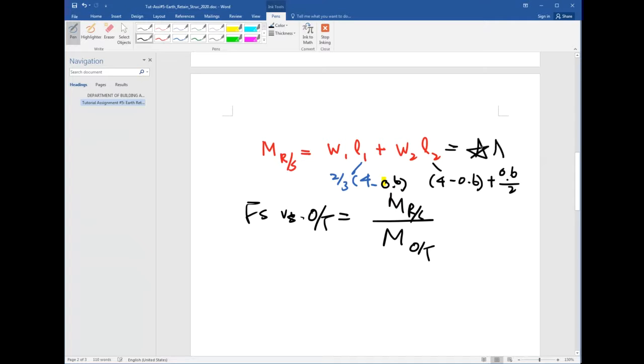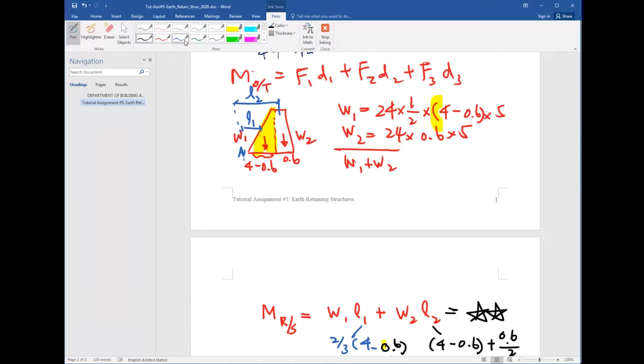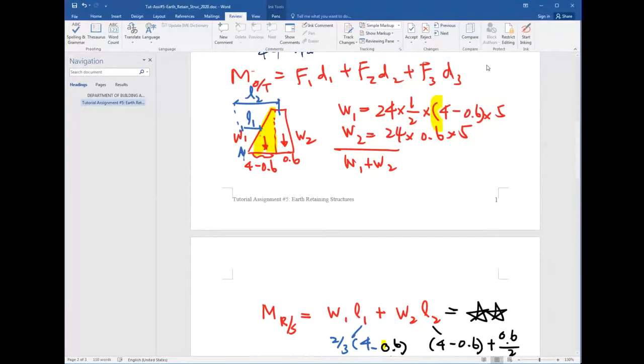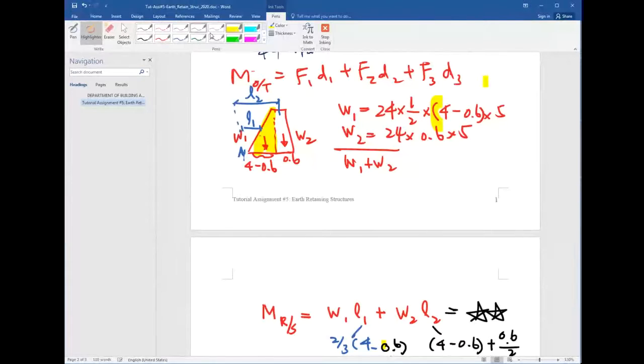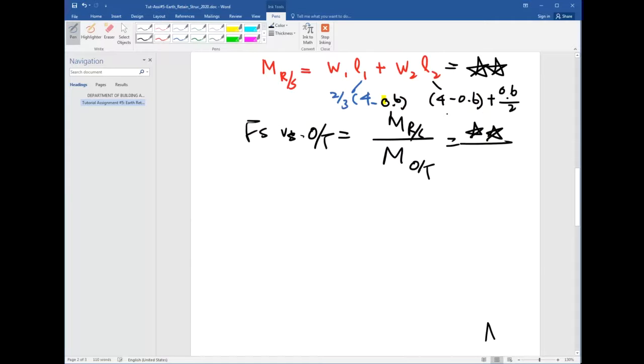So if that is double star divided by the star, double star over star gives you the factor of safety against overturning moment. Now, what about for sliding?